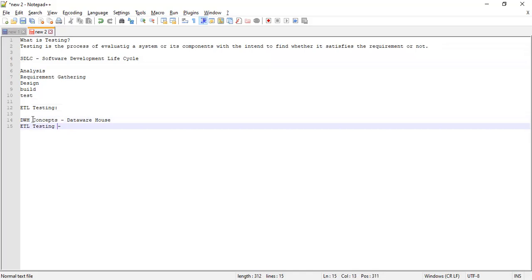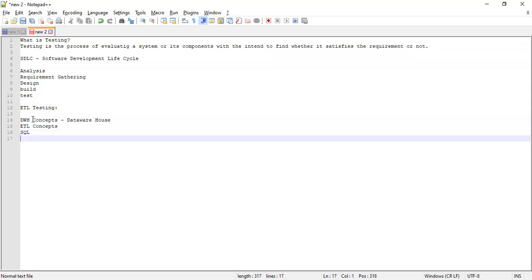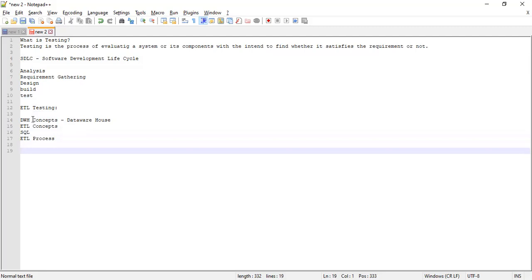ETL deals with a large amount of data, so for that we should have some SQL knowledge. Do you have any SQL knowledge here? You have some? Okay. After that, we'll see what the ETL process is, what we do, and what different tools are used. Let me explain.